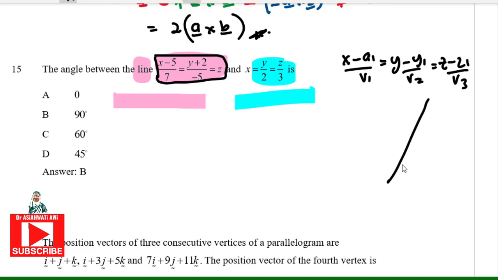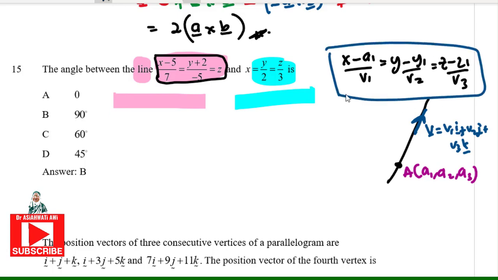This is the coordinate a1, a2, a3, and this is v, the direction vector which lies on the line or outside the line. v is equal to v1 i plus v2 j plus v3 k.